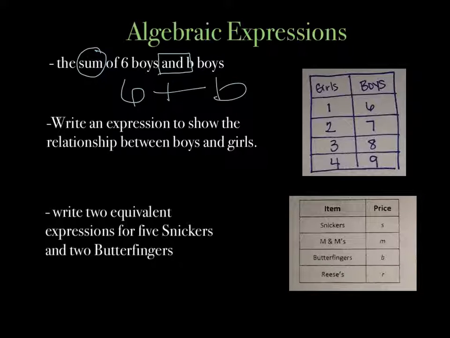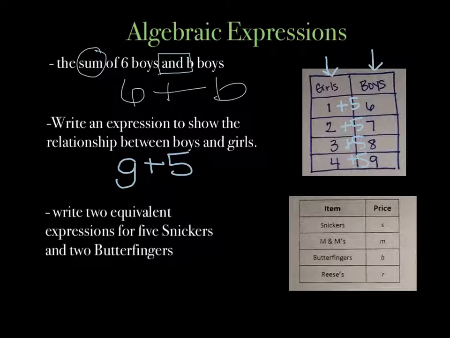The next problem asks you to write an expression to show the relationship between boys and girls. So you want to compare the girls' information to the boys. And if you look on all of these, to go from girls to boys, you add 5 each time. It doesn't matter what the girls is, you add 5 to get the boys. So, like I said, it doesn't matter what girls is, I'm going to call it G. I would add 5 to it to figure out the boys.